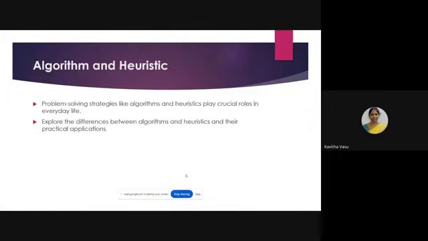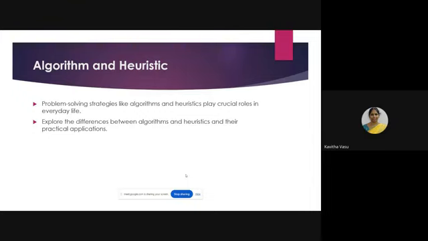Next one is the algorithm and heuristic. It introduces two major problem-solving strategies. The algorithm is a systematic step-by-step approach that guarantees a correct solution if followed correctly. Heuristic means a mental shortcut or rule of thumb that simplifies decision making and problem solving but does not guarantee a correct solution.